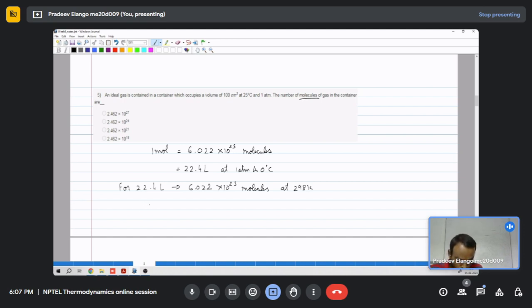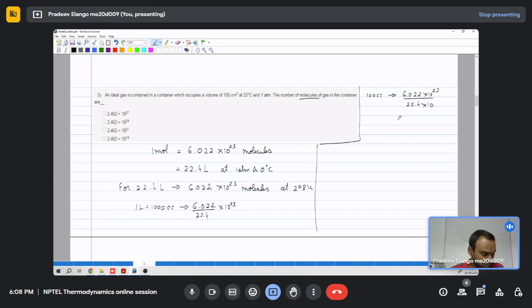Now for 1 liter, or 1 liter is equal to 1000 cc, this is 6.022 divided by 22.4 into 10 power 23, and if you want for 100 cc, it is 6.022 into 10 power 23 by 22.4 into 10.